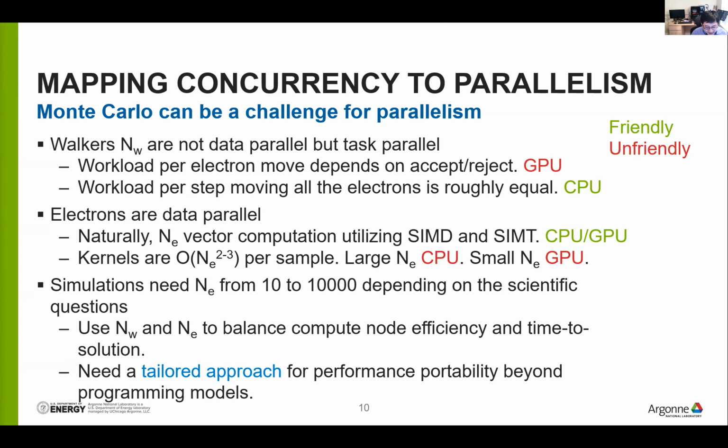However, if you think about GPU threads, 1,000 is really, really small. So it's not efficient for GPUs. To have efficient GPU calculation, we need to combine both the workers and the electrons to have enough concurrency for each GPU kernel to be efficient.